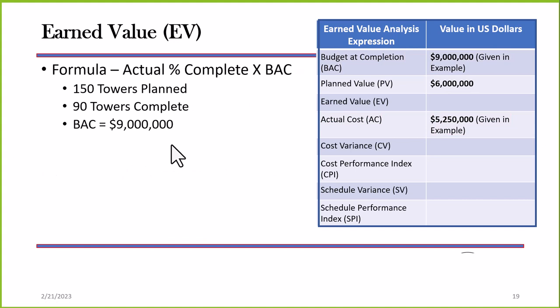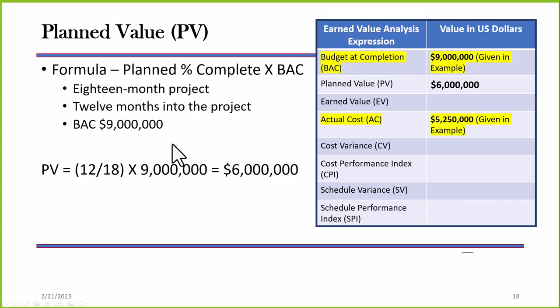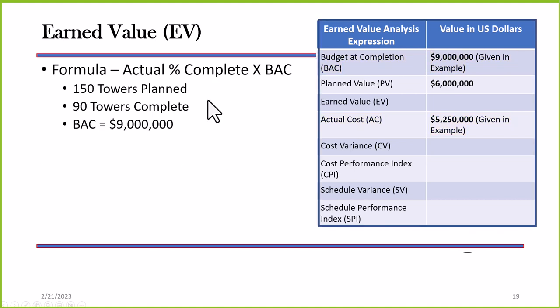Remember, plan value is the plan percent complete times the BAC. Earned value is the actual percent complete times the BAC. So we have 150 towers to do. That's the number planned.